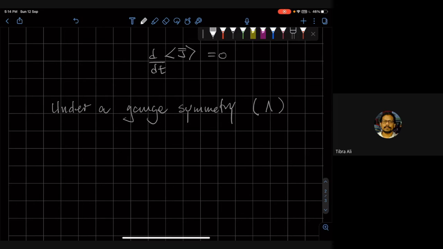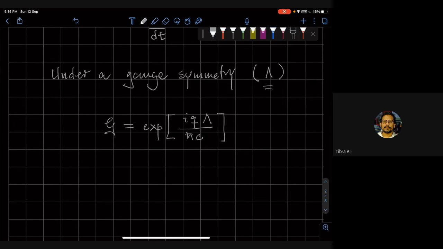Under such a gauge symmetry, we can define an object, a function, which is the exponential of i times the charge times lambda, divided by h bar c. And under a gauge symmetry, the states in the quantum system change as alpha goes to alpha tilde, where alpha tilde is given by G acting on alpha.